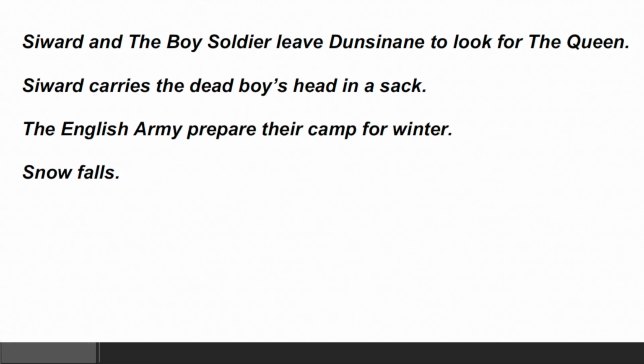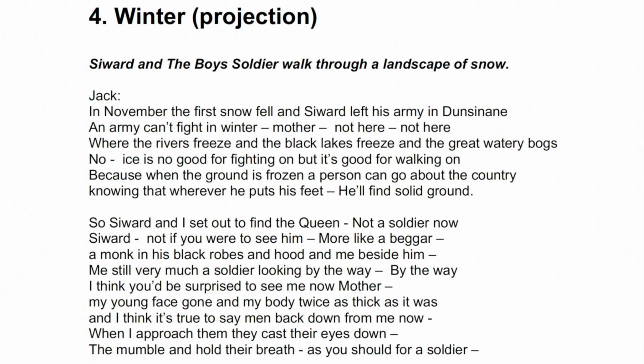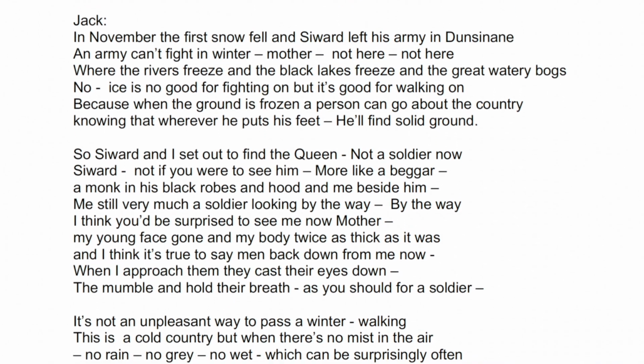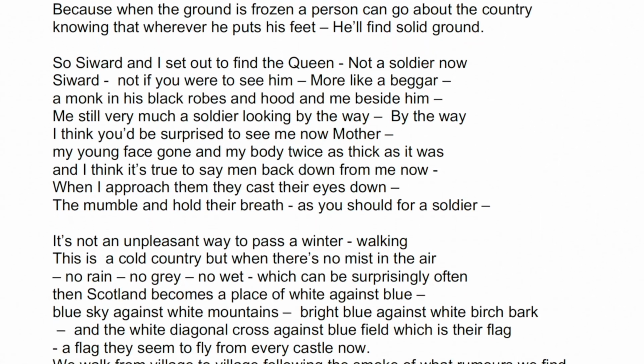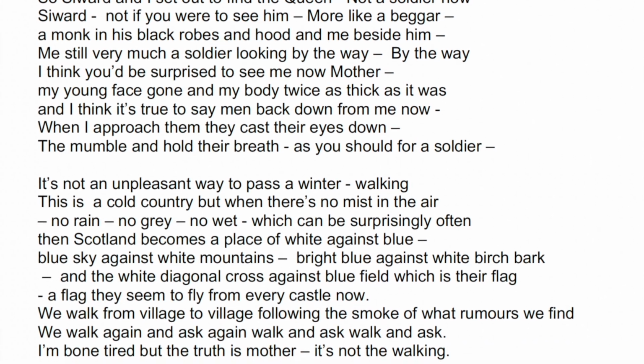The page of the script that I wanted to look at is a transition from one space in the play to another, and it says the army prepares for winter. And then there's a long monologue. It says winter, and then we're going to use a projection to create some of the effect. And I want to underscore that. I basically think of it as a kind of march.